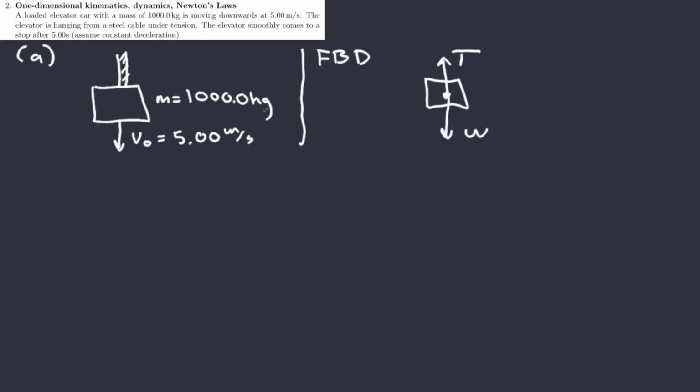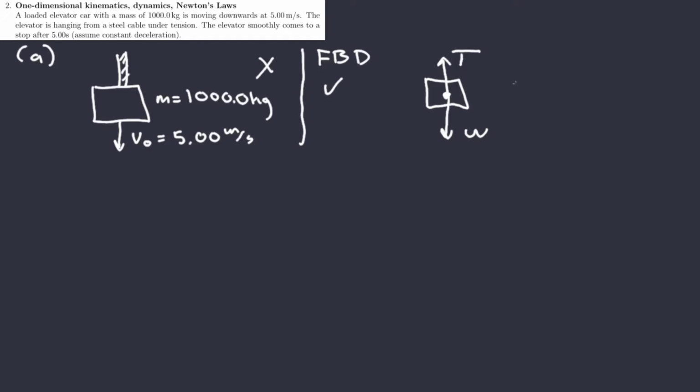Because our elevator has mass, gravity acts on all massive objects, so we have a weight pulling down, and we're given the fact that there's a steel cable holding it up, which supplies the tension. So this diagram is not what we're looking for. We're looking for a free body diagram, or FBD, like this one.